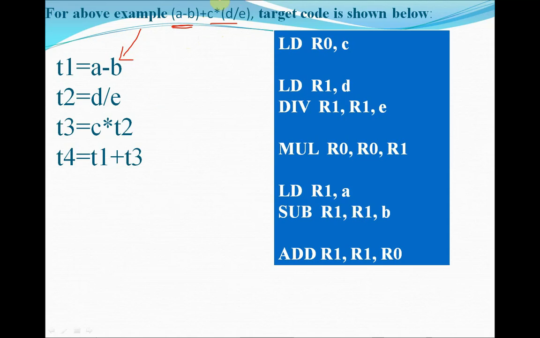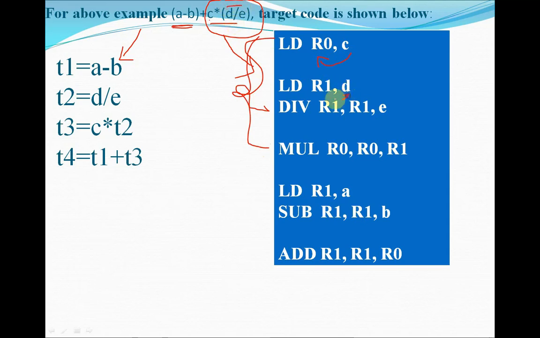See, first I'm going to compute d by e. Instead of a minus b, I'm going to compute d by e first. This is the code for that. Load c into r0. Next, I'm going to compute d by e here.